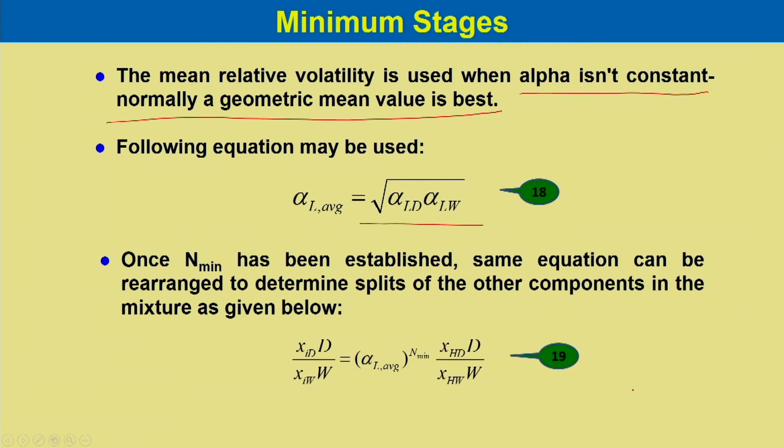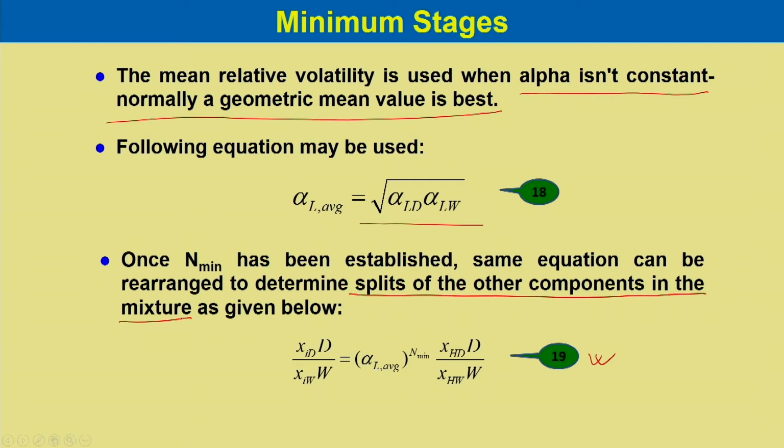That is, x_iD into D divided by x_iW into W would be equal to alpha_L average to the power N minimum, the minimum number of plates, into x_HD into D divided by x_HW into W. So, this is equation 9, by which we can determine the split of the other components in the mixture.